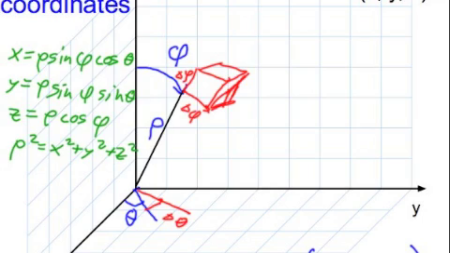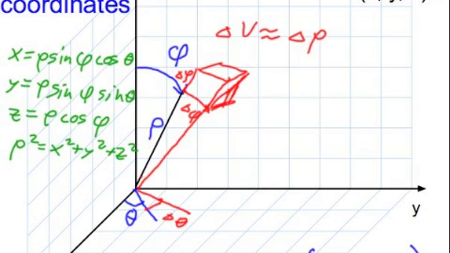Now, when we're figuring out this little box here, so this is a delta V, certainly it's approximately a rectangular box. Yeah, the sides are curved, but the height here is certainly a delta rho. And as we start measuring out this direction, the angle measurement that we increased it by was this delta phi additional angle.